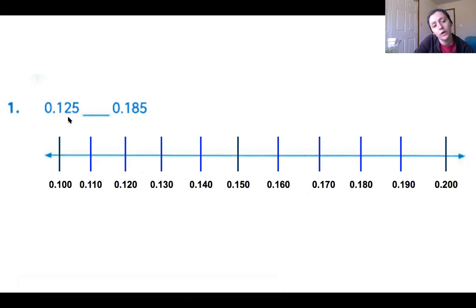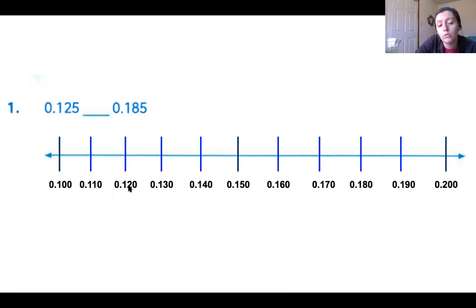So we're going to start with 125 thousandths, or 125 over 1,000, and see where this number fits on my number line. I labeled 110 thousandths, which is the same as 11 over 100. This would be 12 over 100, and so on, until 20 over 100. So I see that I have 0.125.